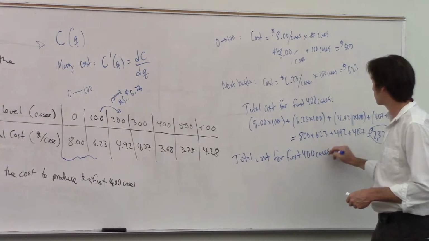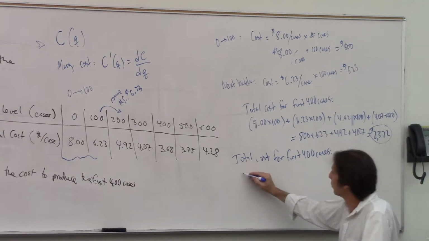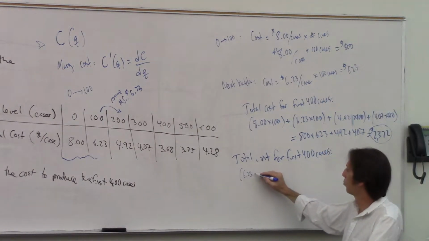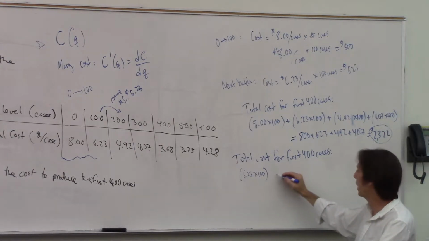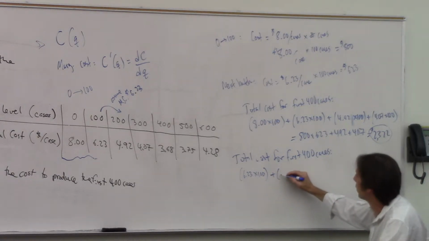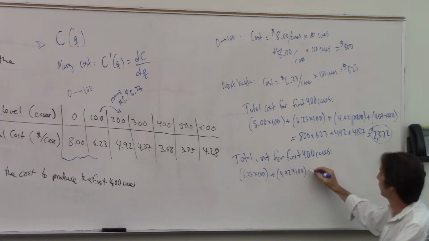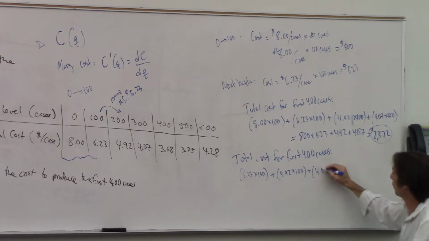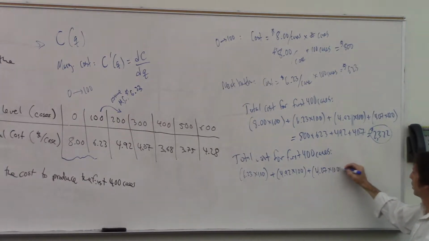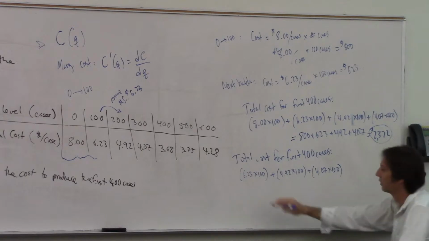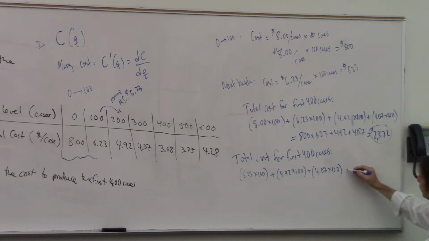Okay, here's our calculation. $6.23 per case times 100 cases for the first batch, plus $4.92 per case for the next 100 cases, plus $4.07 per case for the next 100 cases, and then for the last of the first 400 cases, we would add on $3.68 per case times that last 100 cases.